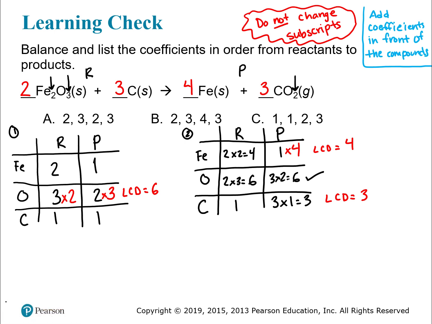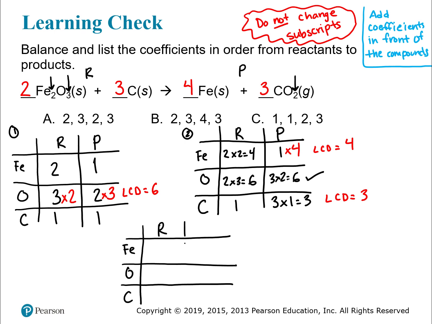Do a final chart to check. Double check your math. Make sure everything really is balanced. 4, 3, and 6 we have for iron, oxygen, and carbon on the reactant side.